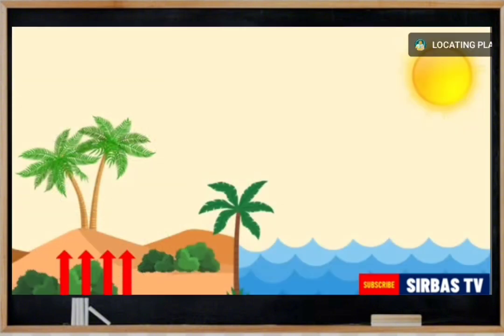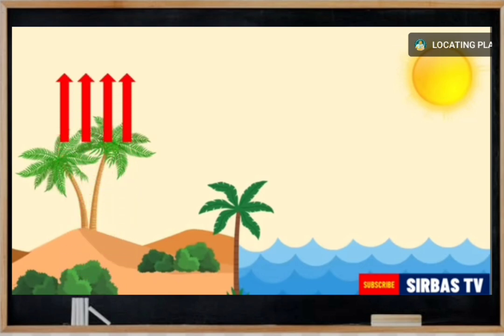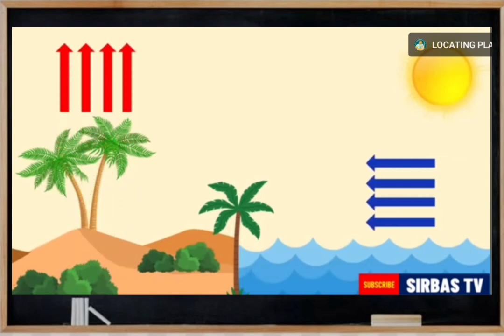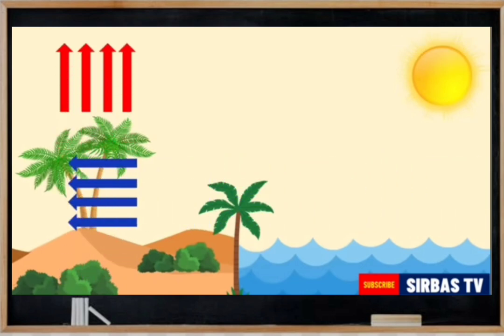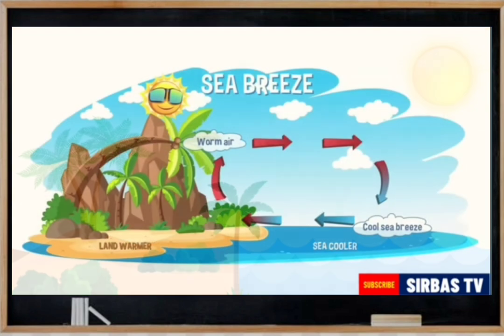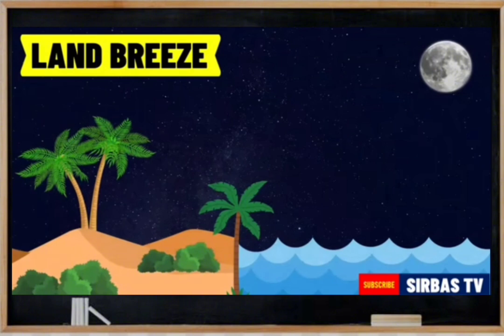In this case, the warm air on the land will rise. Then, the cooler air above the sea will move towards the land and replace the warm air. This is how sea breeze forms. The movement of air is from sea to land. On the other hand, land breeze occurs during the night.